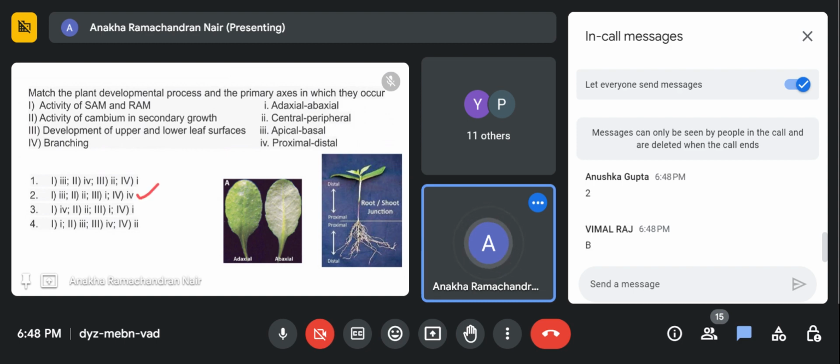So the first one was activity of shoot apical meristem and root apical meristem. As you know, if this is the plant and these are the roots, a taproot system maybe, let's imagine, there's a shoot apical meristem and there's a root apical meristem.